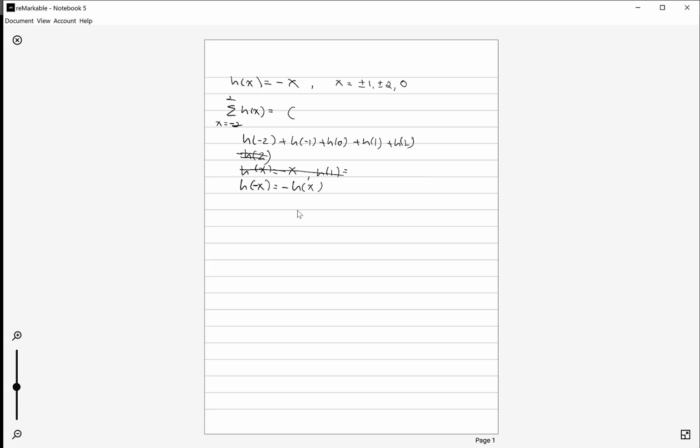So therefore h of minus 2 is minus of h of 2, and h of minus 1 is minus h of 1, and so on. So therefore this expression, you can write it as minus h of 2, plus minus h of 1, at 0 it is 0, and then h of 1 and h of 2, so all of these cancel out.